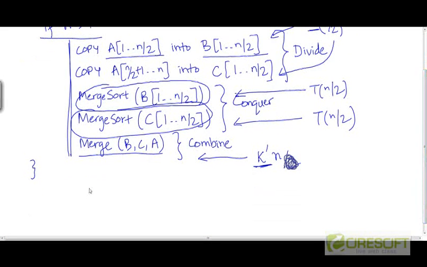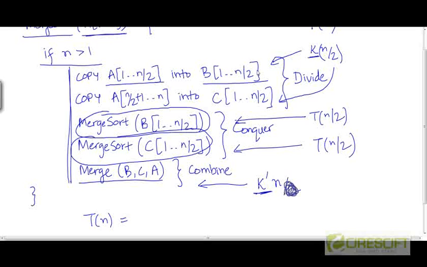So we can write T of n therefore as k times n by 2 plus k times n by 2 plus T of n by 2 plus T of n by 2 plus k prime times n.